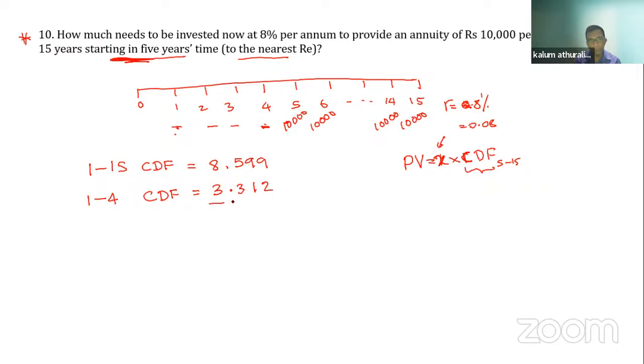Then you remove this CDF value from the total CDF value. That means you subtract it from 8.599, and the answer is 5.287. This is the 5 to 15 CDF. Understood?